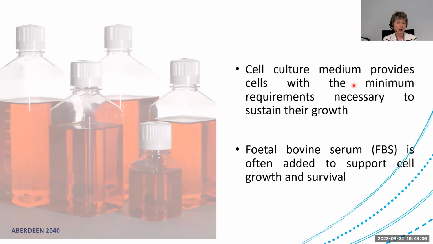And that really goes back several decades, because it was noticed in the early days of cell culture that if you added fetal bovine serum, it supported the growth of these cell lines. And really not much has changed since the inception of cell culture models to where we are in the present day.